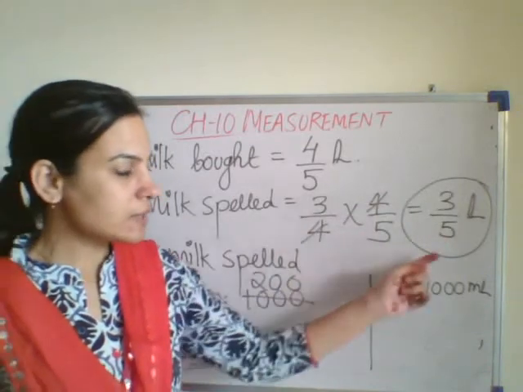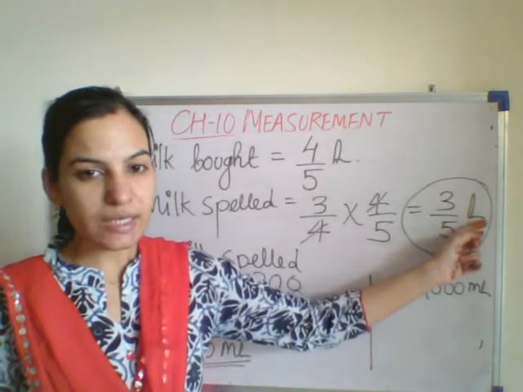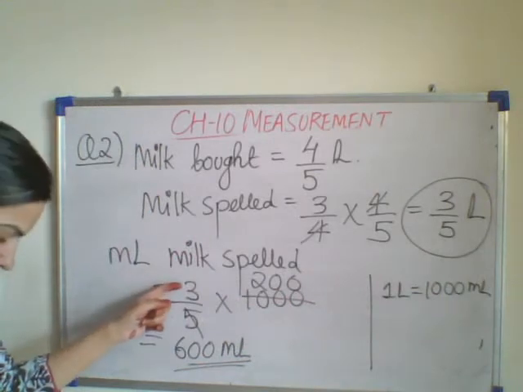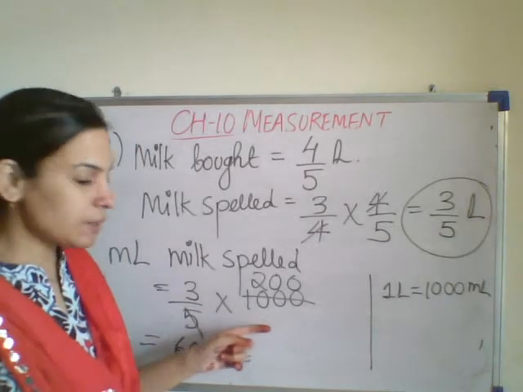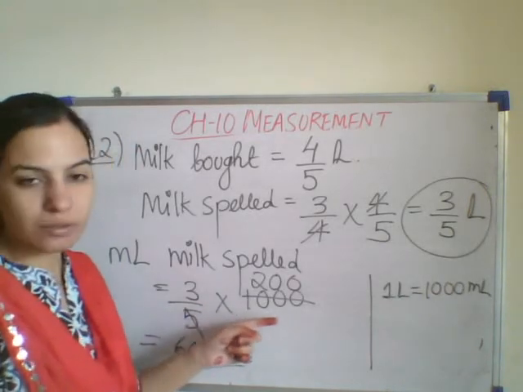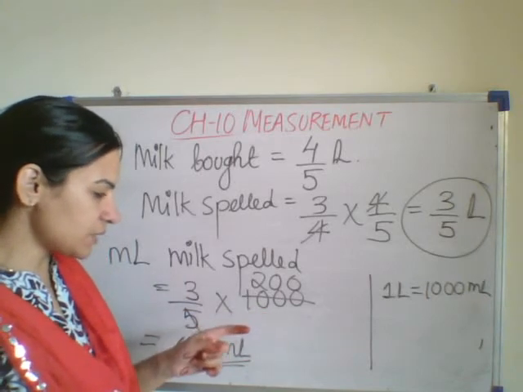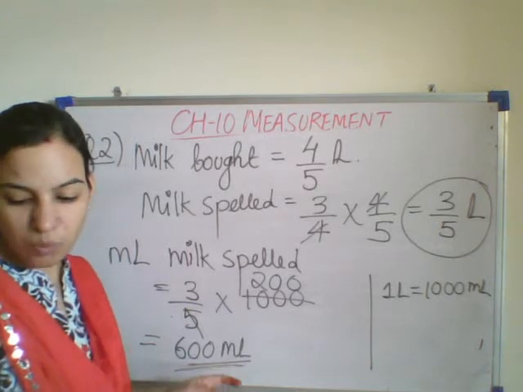Now the answer that we are getting is in liters. In the question it is asked that we have to find the answer in milliliters. So it would be 3/5 multiplied by 1000. If we multiply it with the 1000, we will be getting 600 milliliter. This much milk was spilled.